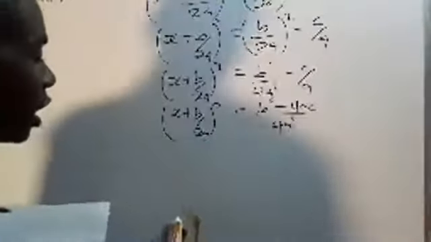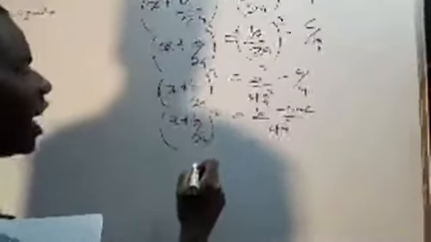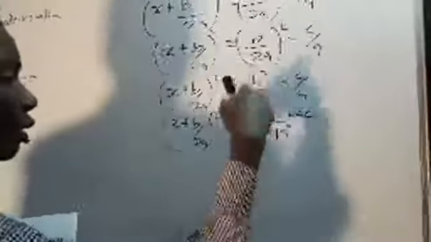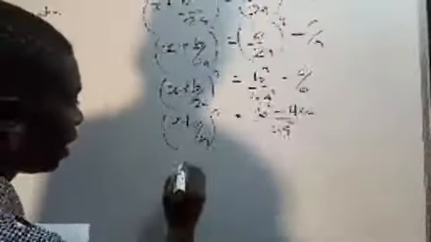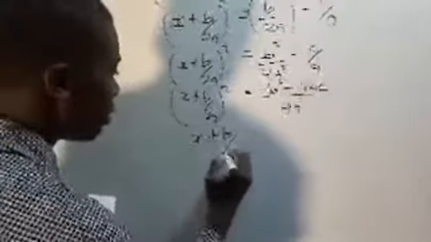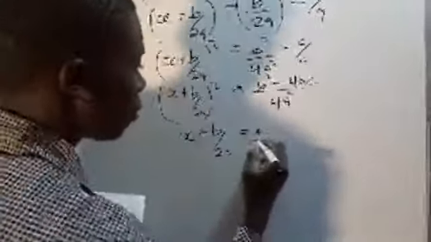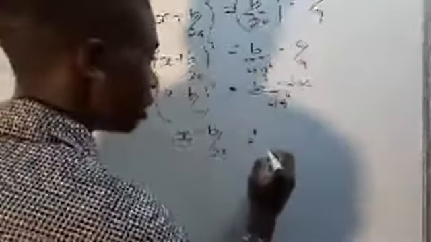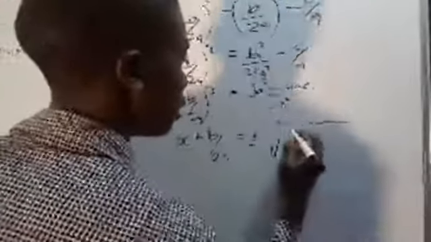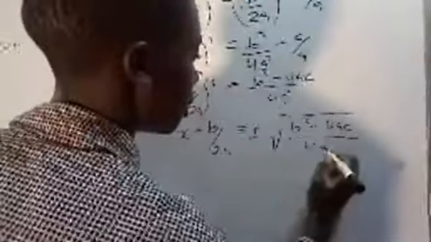Eliminating this square, we are going to square root on the right hand side, becoming x plus b over 2a equal to plus or minus square root of b squared minus 4ac over the square root of 4a squared.